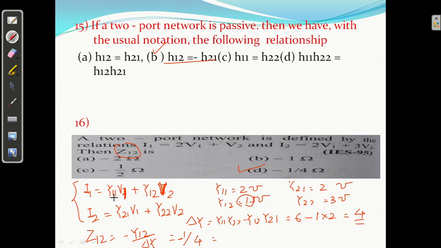Z11 पूछा होता तो Y22 upon del Y, Y22 कितना है? 3 upon 4 आ जाता, like that. Z22 पूछा होता तो Y11 upon 4. Y11 कितना? 2 upon 4, 0.5, like that. Okay. So I am stopping. I am rubbing it.